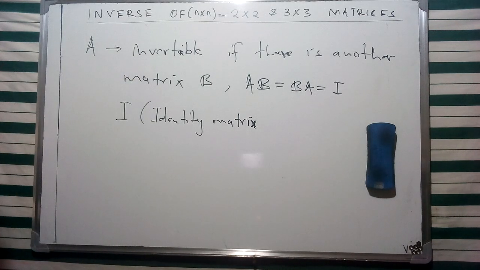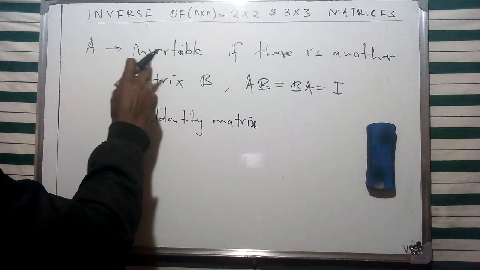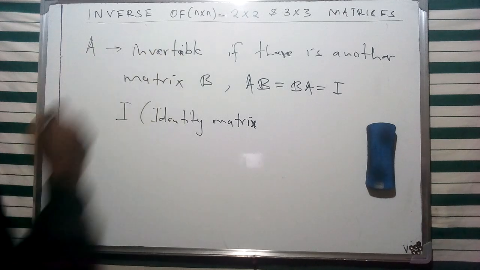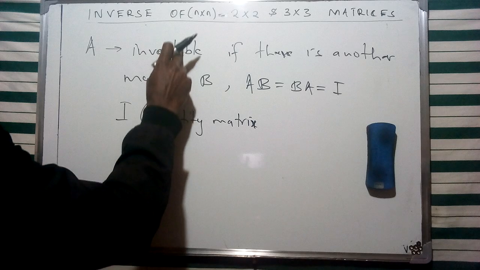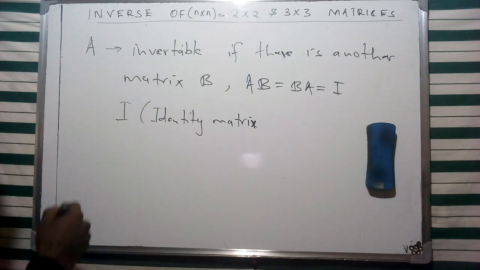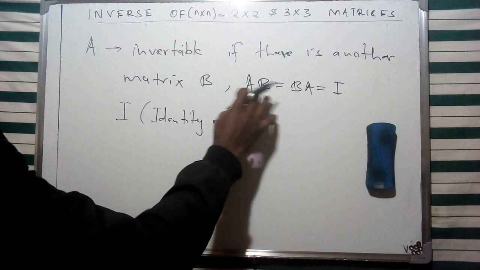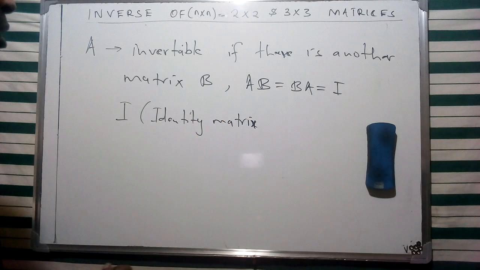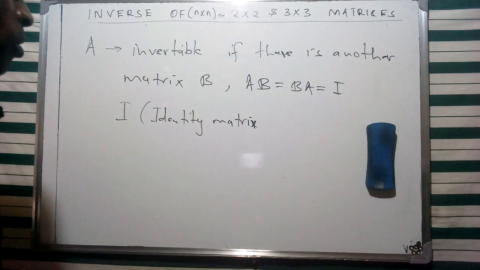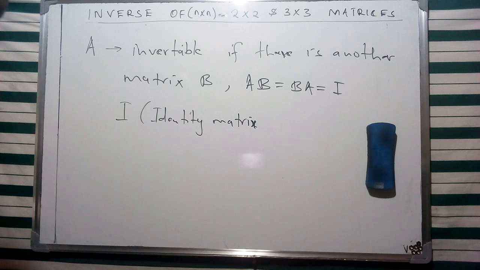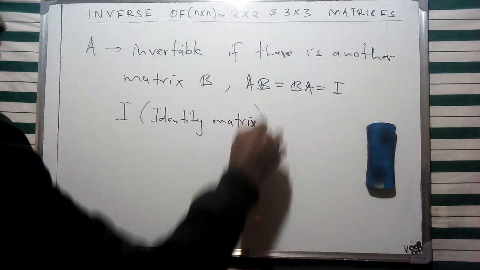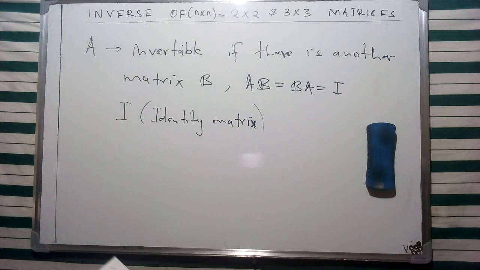And therefore, we have said that if we have a matrix A, one of the characteristics of this matrix is that it's invertible. We can have another matrix B such that if we multiply A times B, using this commutative property, we're going to get a product of identity. So in this case, we're going to multiply the two and see whether this is the case.